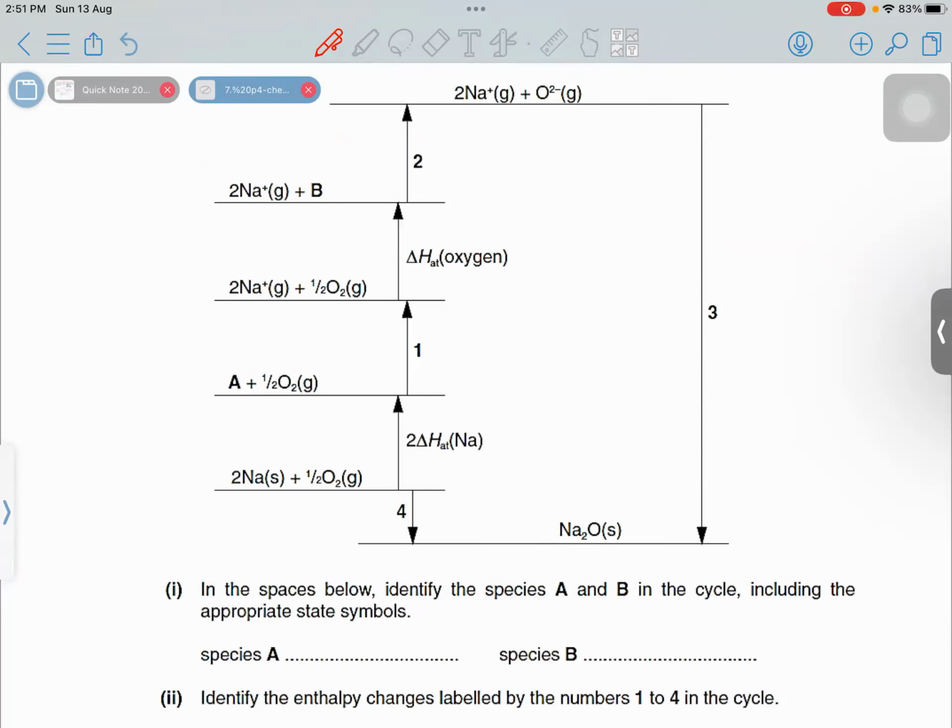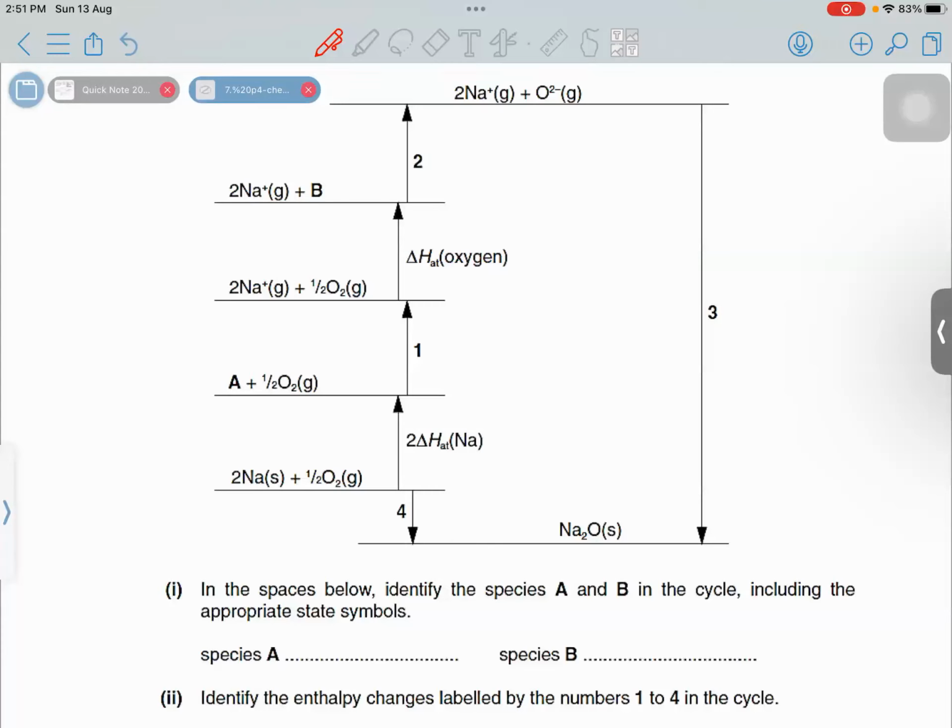Now you have the Born-Haber cycle. Identify species A and B. So it can be 2Na gaseous, and B is just O gaseous.